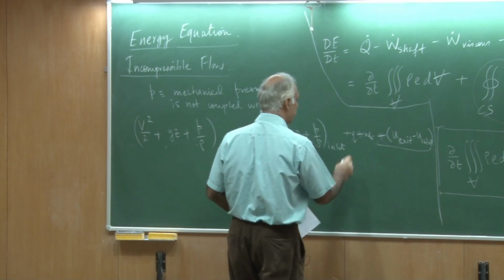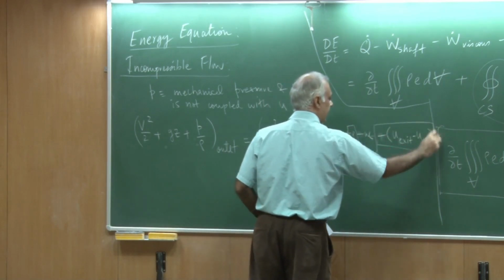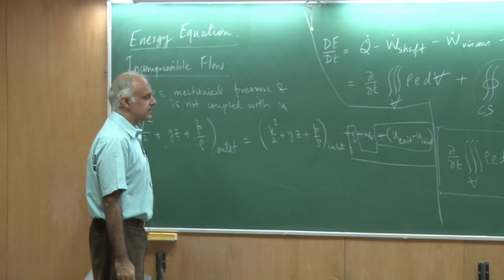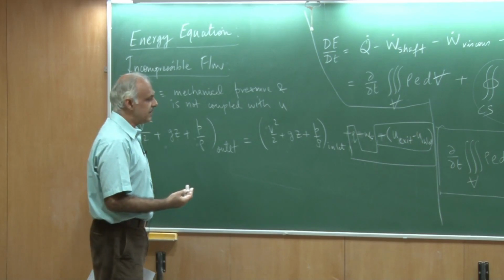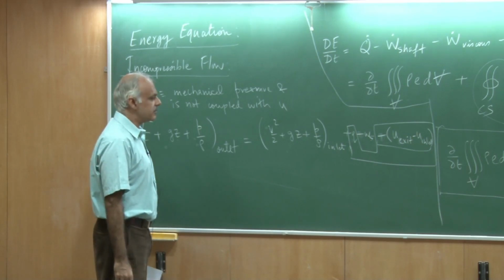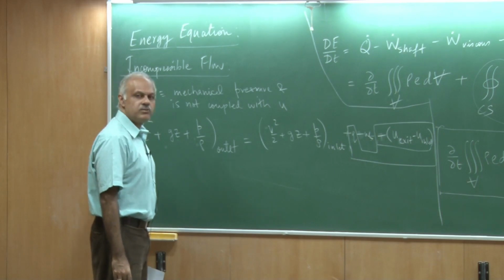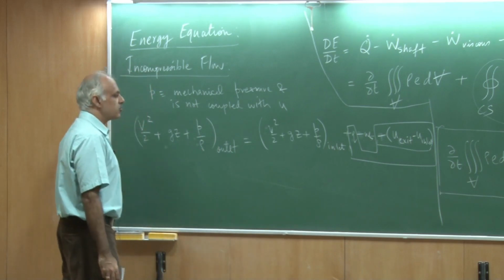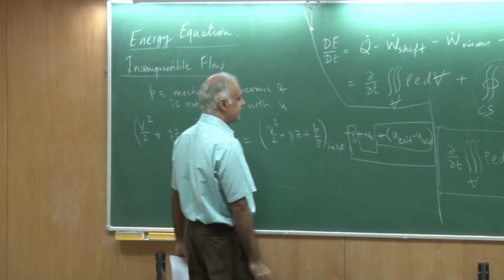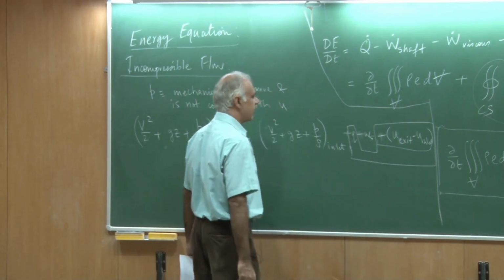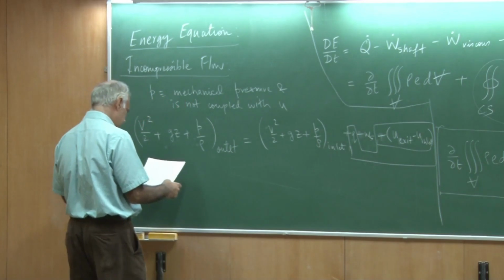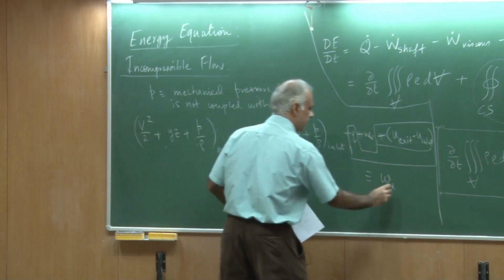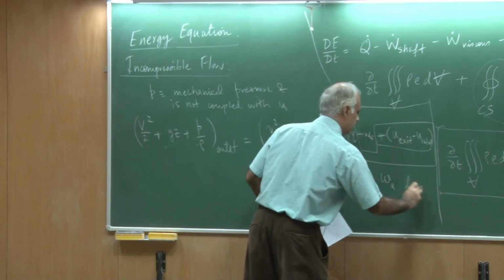So, this Q term and this term I could actually combine together because they are both related to temperature. Internal energy depends on temperature and the heat transfer would also depend on the temperature difference between the control volume and the surroundings, and of course how the boundary is defined. So, these terms I could combine together and say this represents some kind of a loss, a heat loss, so these I combine as WL, which is the loss.